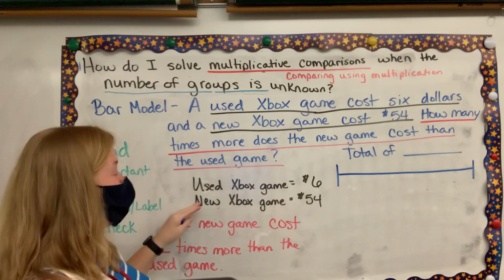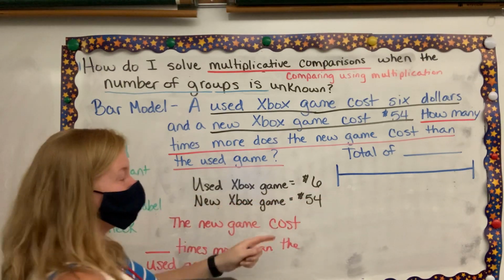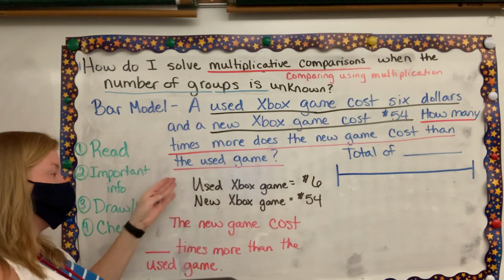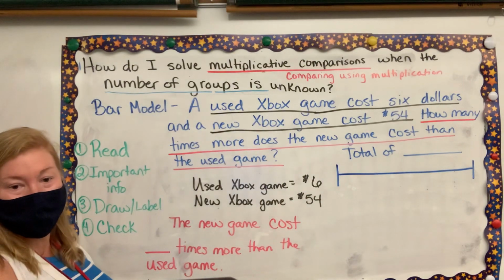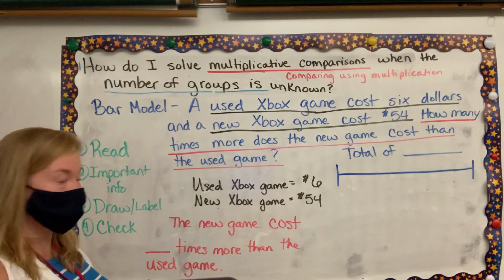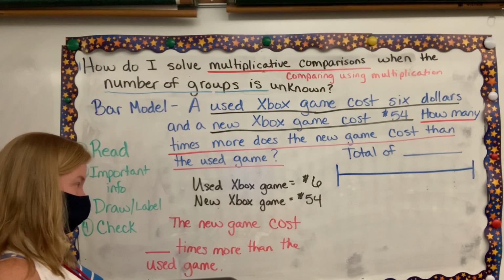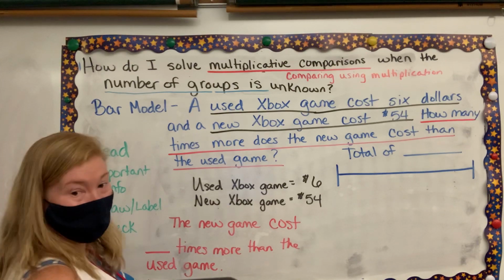Absolutely. Now, when I look at this model, this line is going to be the biggest thing on there. So which one of these is a bigger number? The used or the new? Lily? No. The new. Yes. Yeah.